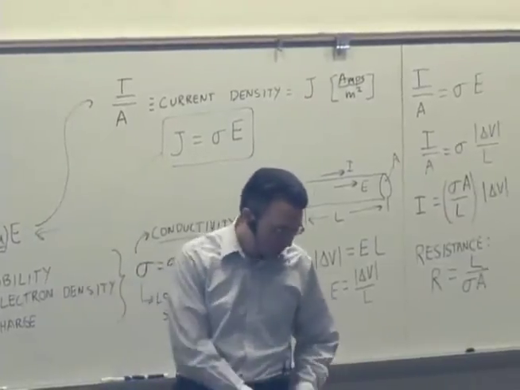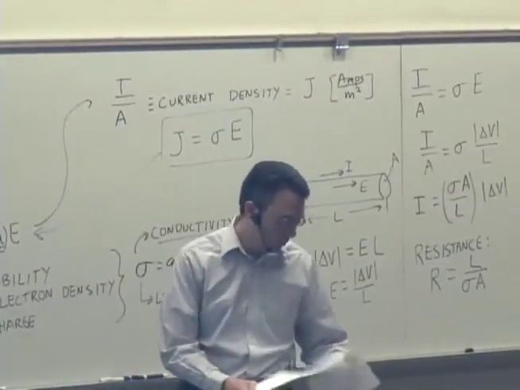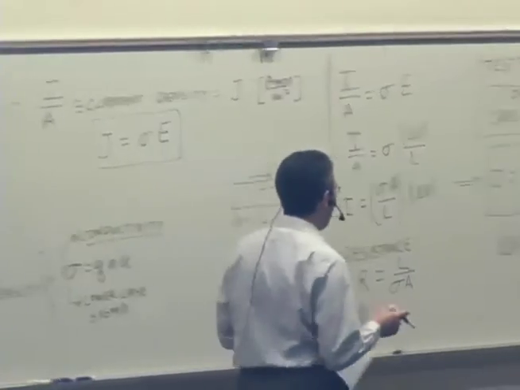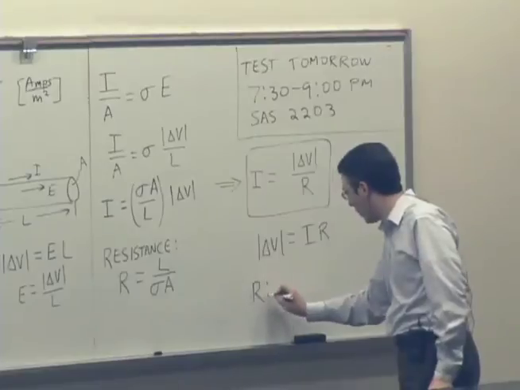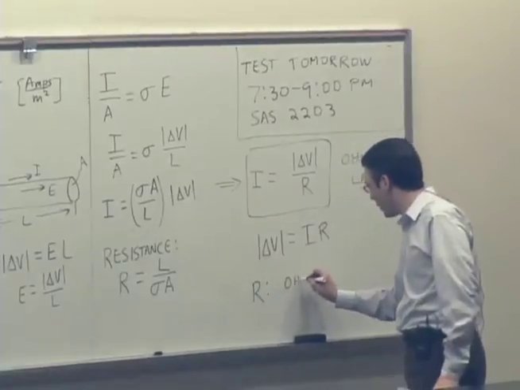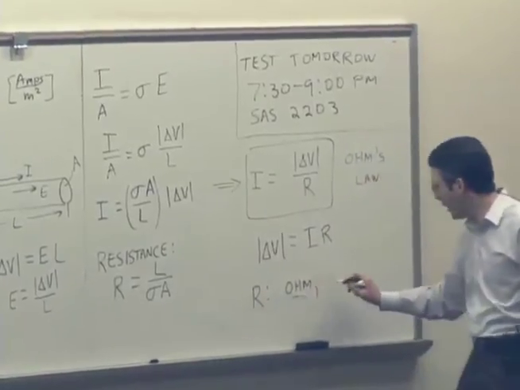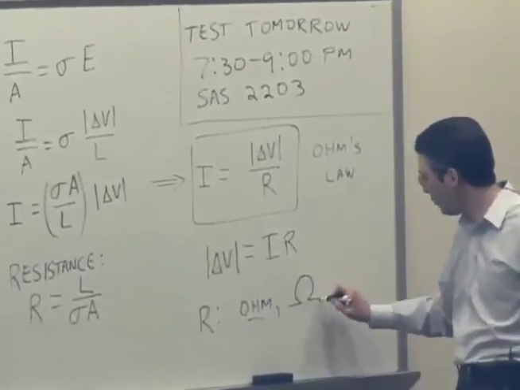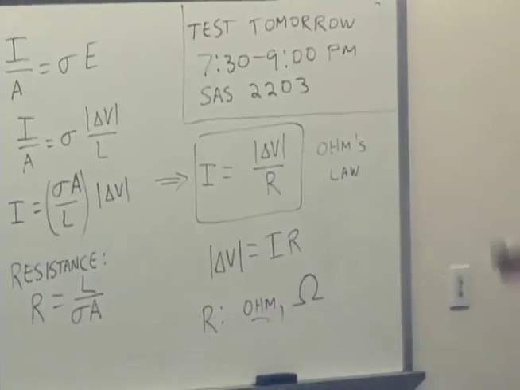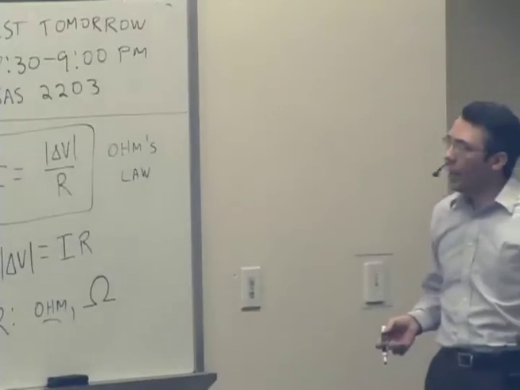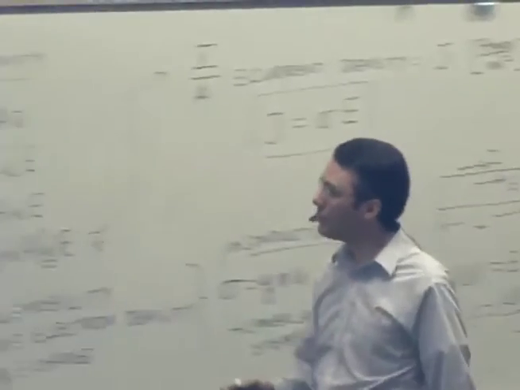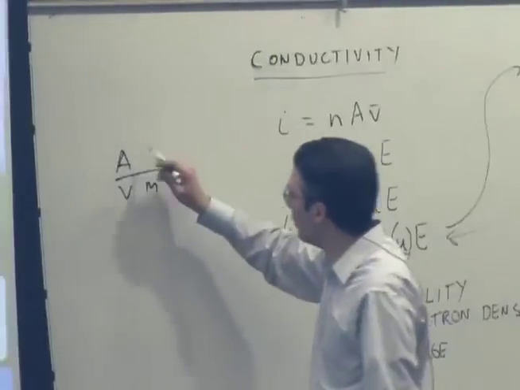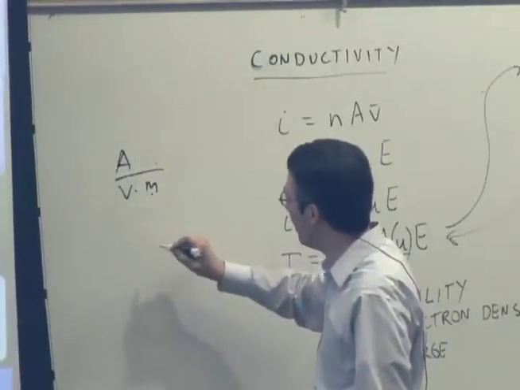Okay. So resistance is measured in units of ohms. The unit of measurement is called an ohm, and the symbol is capital omega, Greek letter omega, hence ohm. Which also means we could write conductivity, by the way, since conductivity has units of amps per volts over meter.